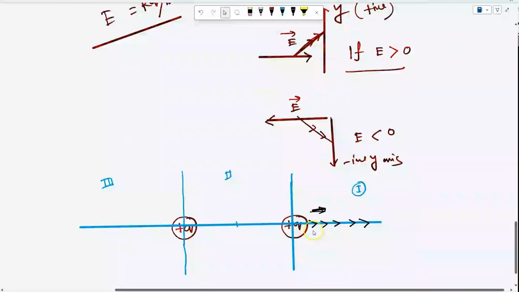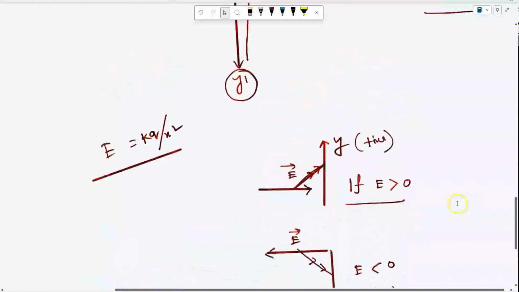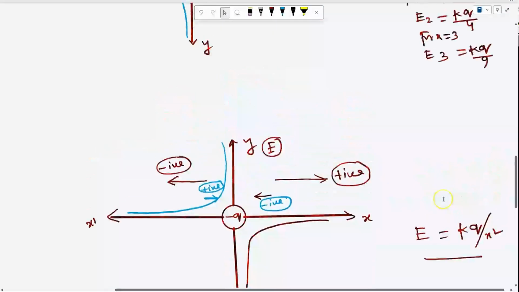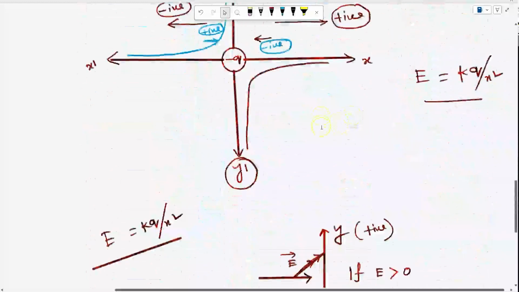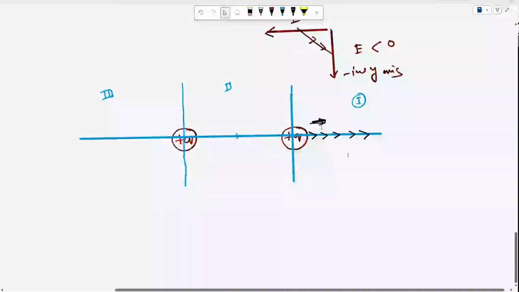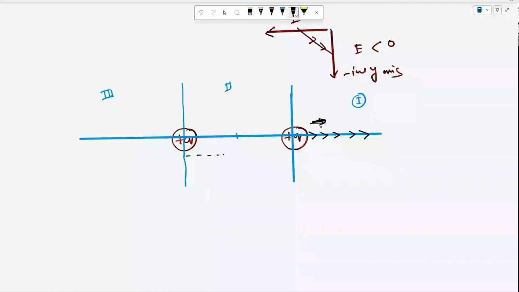Because two charges are there. Due to a single charge, it will be like this. There is an advantage of the inverse square law. The electric force or electric field obeys the law of inverse square. The inverse square law graph is like this. Now you can say that the distance from here, if you take x, and the distance between these two charges is a.